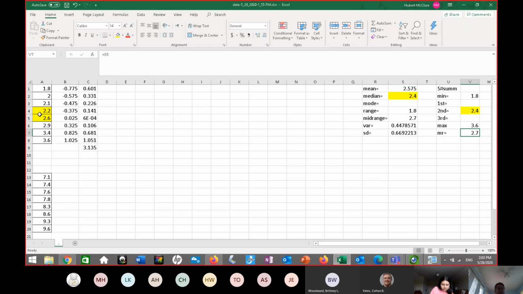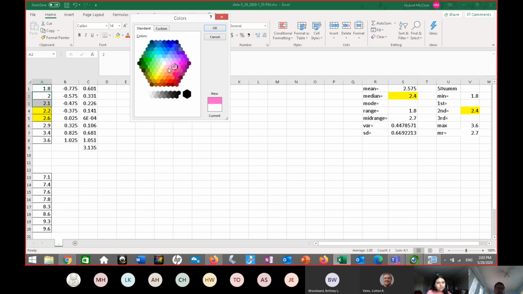How many numbers are above my white cross cursor? 3. Nope. 4. So I got to take these two, and we'll color those pink. No, that's more of a mauve. There we go.